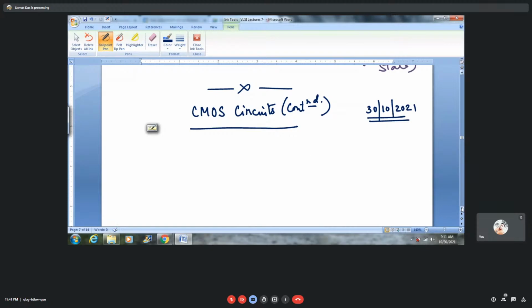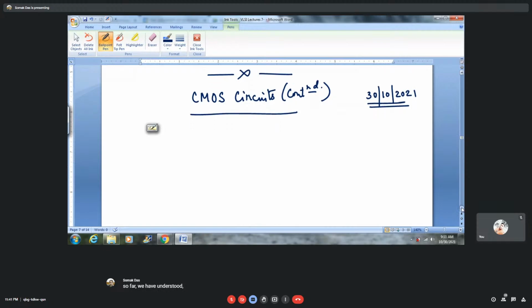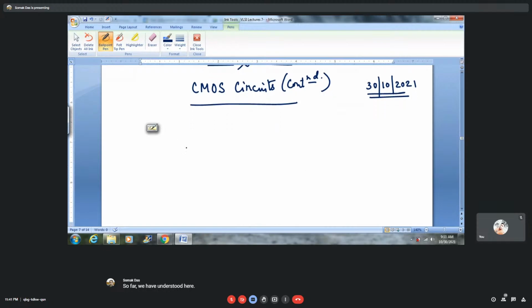So far, we have understood that if you are provided with any Boolean expression, you should be able to design a CMOS circuit. The basic structure is that there will be a PMOS network at the top and the NMOS network at the bottom.